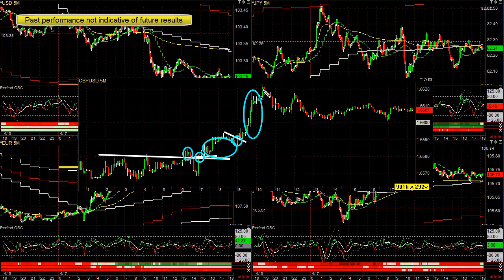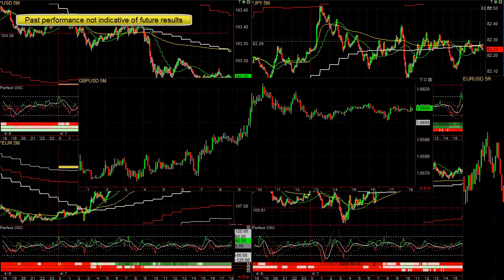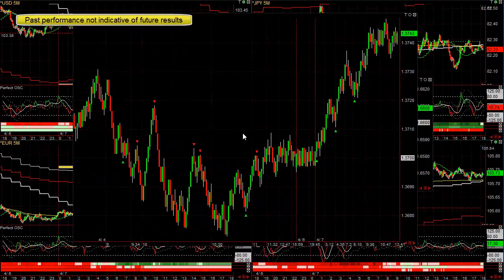Second entry right here, you're never going to catch every pip, but even if you got out of it right at this level, you made 4 to 5 times more profit than your risk. And really, that's the key to trading: small losses, big wins. Most people are not going to learn hundreds of different range bar patterns.